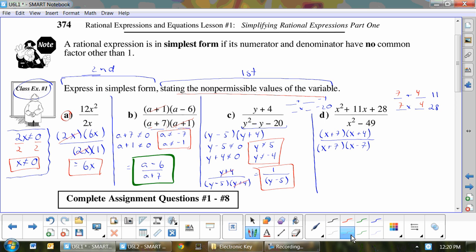Now that we have it factored, before we start canceling things out, we know we have to do our non-permissible values. We'd have two, one here and one here, right? That's fine, I'll show that in a second. So we have x plus 7, so x cannot equal negative 7, and x minus 7 cannot equal 0, so x cannot equal 7.